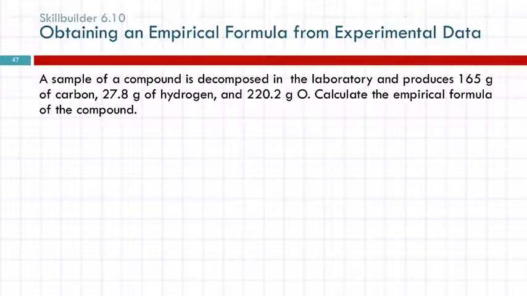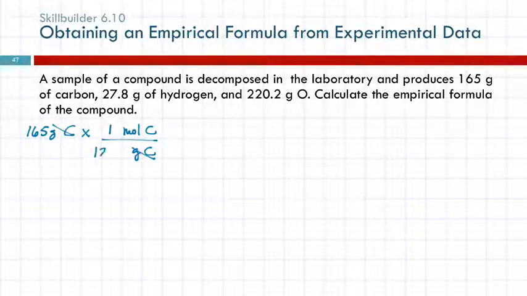So, 165 grams of carbon. I want to convert that to moles of carbon, so I need to divide by grams of carbon. 1 mole of carbon weighs 12.01 grams. I got that from the periodic table.